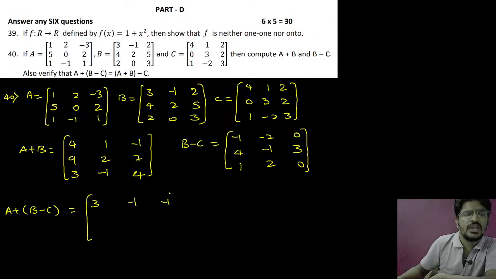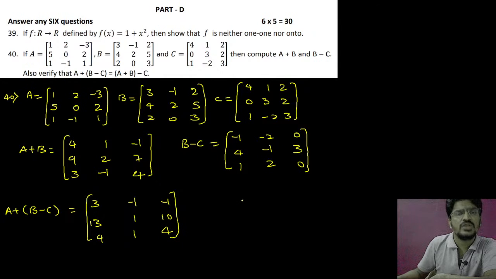So this is minus 1. Next you can see 9 plus 4 is 13. 2 plus minus 1 is 1. 7 plus 3 is 10. 3 plus 1 is 4. Minus 1 plus 2 is 1. 4 plus 0 is 4.